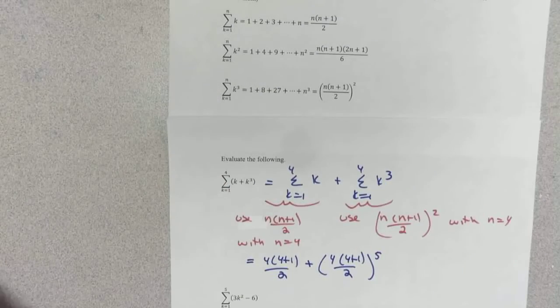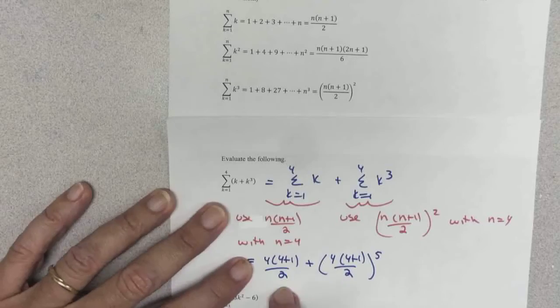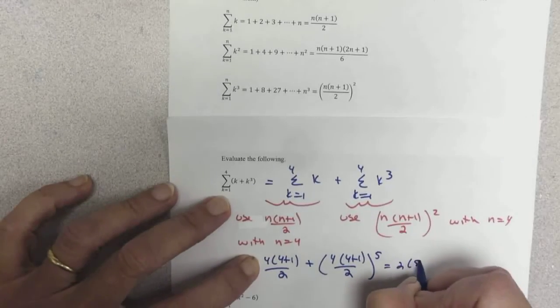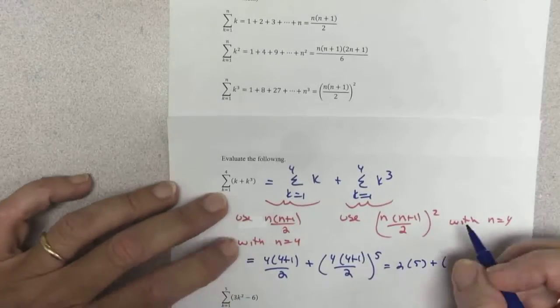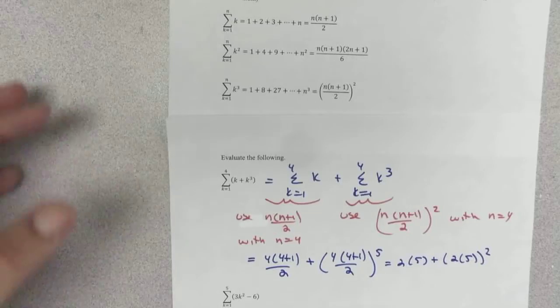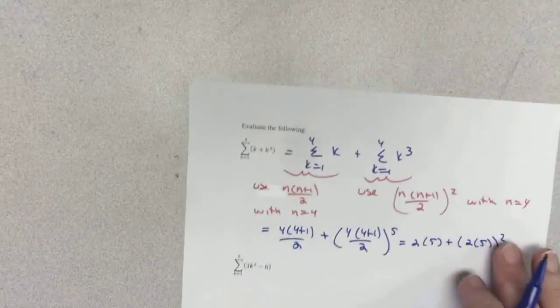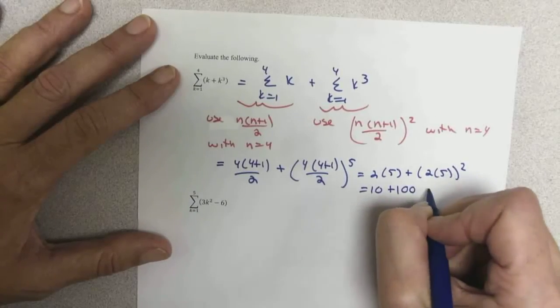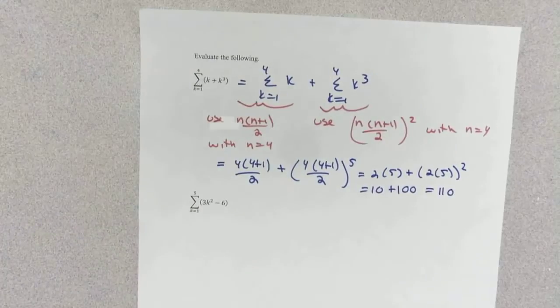And now it's just arithmetic. The 4 and the 2 are going to cancel, so I get 2 times 5 plus 2 times 5 squared, which gives me 10 plus 100 for 110, assuming I didn't make any mistakes in my arithmetic.